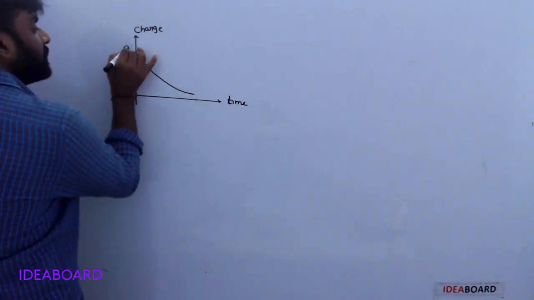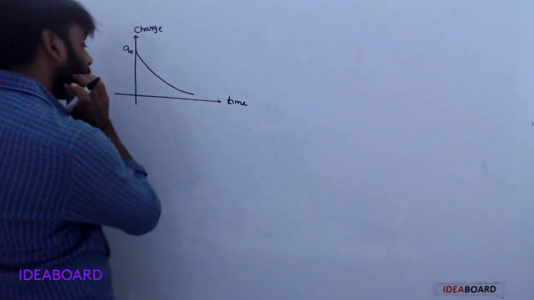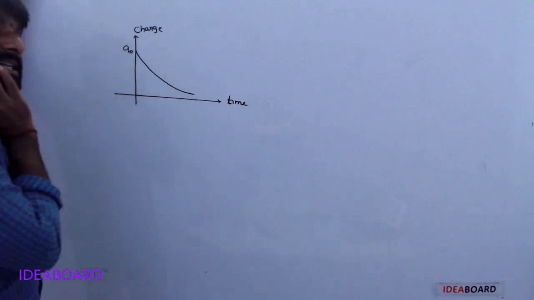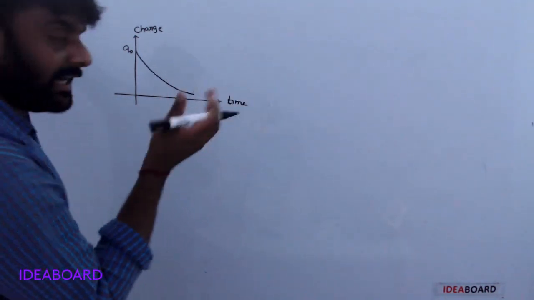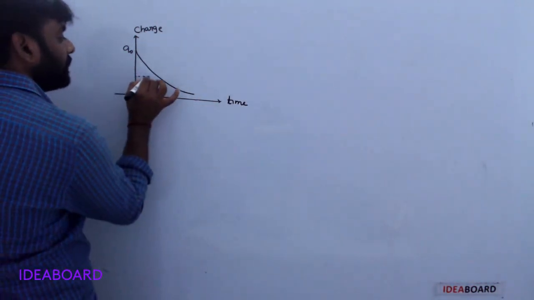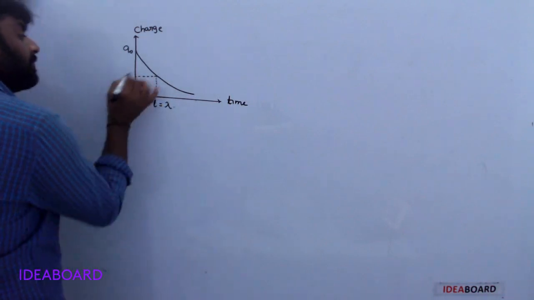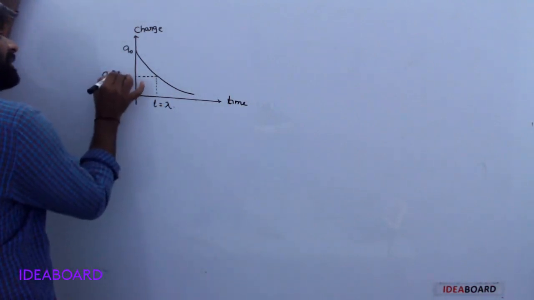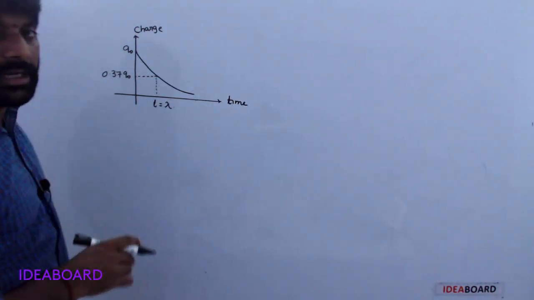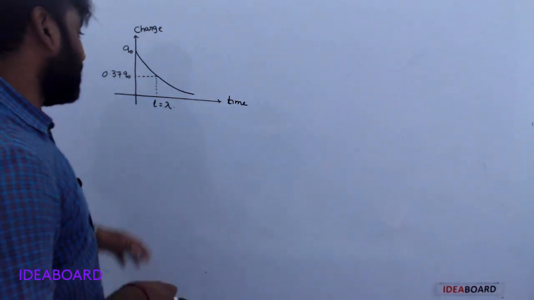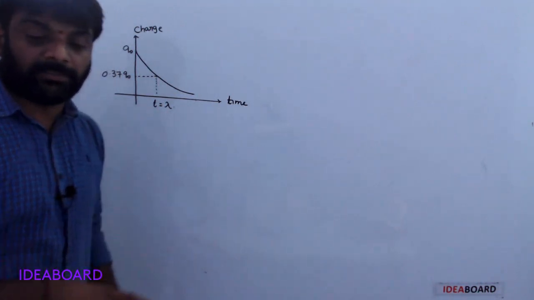You don't know at what time the charge in a capacitor becomes 0 in the discharging case. At infinity it is 0 theoretically. At a time t equal to lambda, it is 0.37 Q naught. Understood?